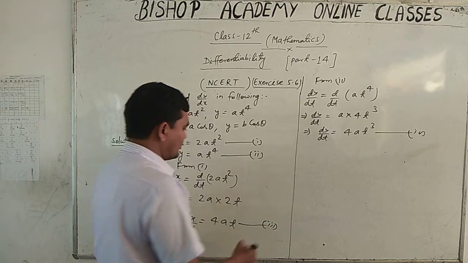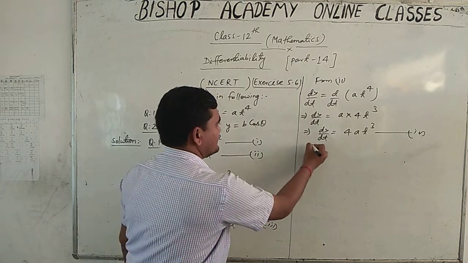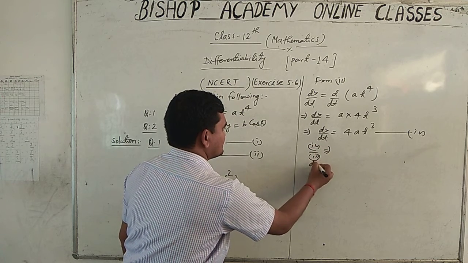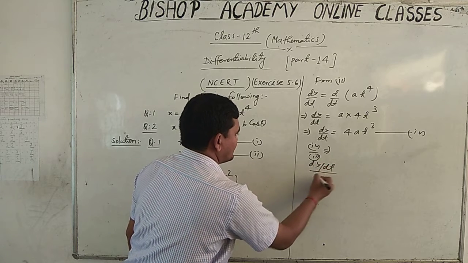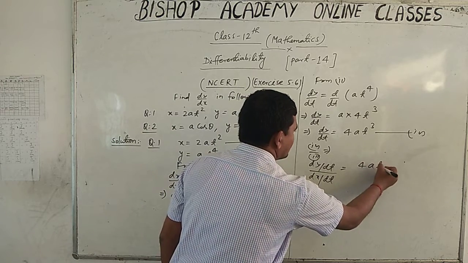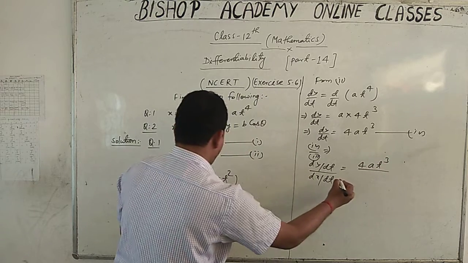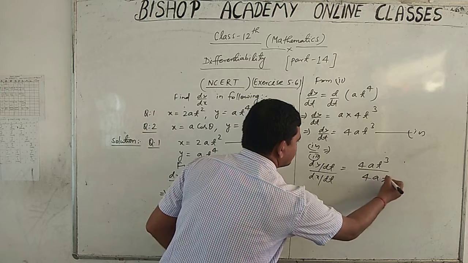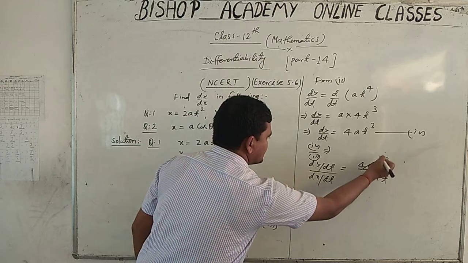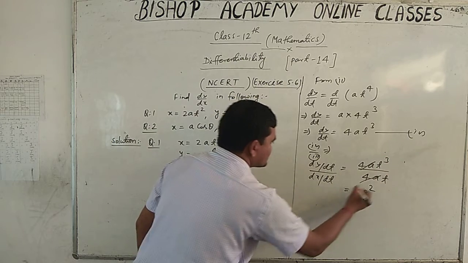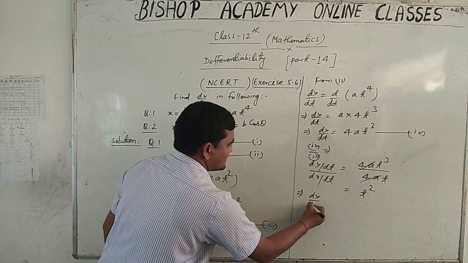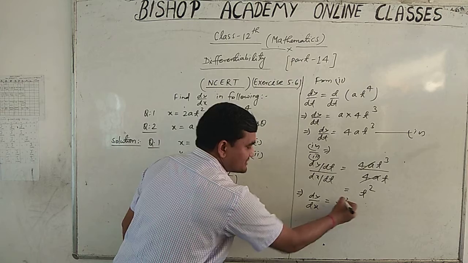Now dividing 4 by 3, we get dy by dt upon dx by dt is equal to 4at cube upon 4at. 4a is cancelled out, then t cube upon t is equal to t square. Here dt and dt are also cancelled out, then we write dy by dx is equal to t square.